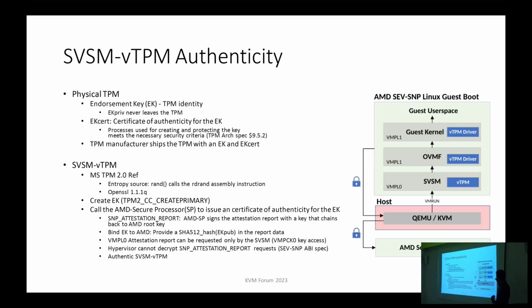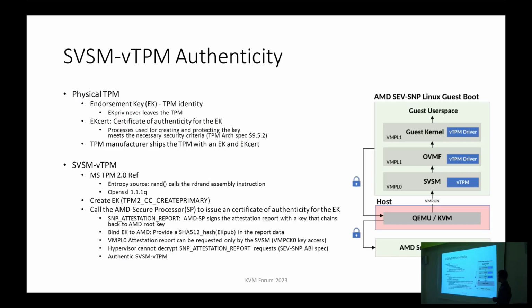And that's how we can have a certificate of authenticity for the EK we just created, because when we request an attestation report, it takes 2 arguments. One of them is 64 bytes, and these 64 bytes will also be in the attestation report.